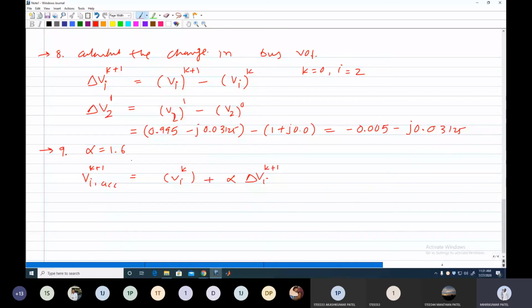So here alpha is equal to 1.6, k is equal to 0, i is equal to 2 as we have calculated for bus number 2.